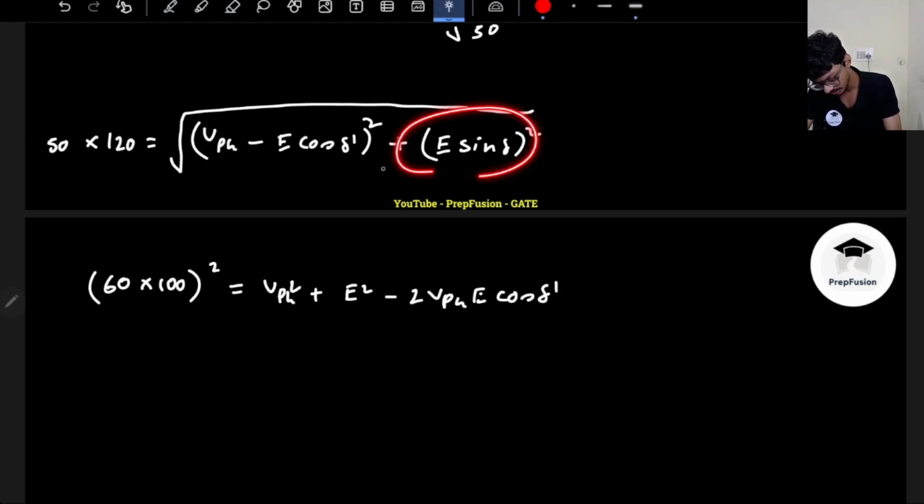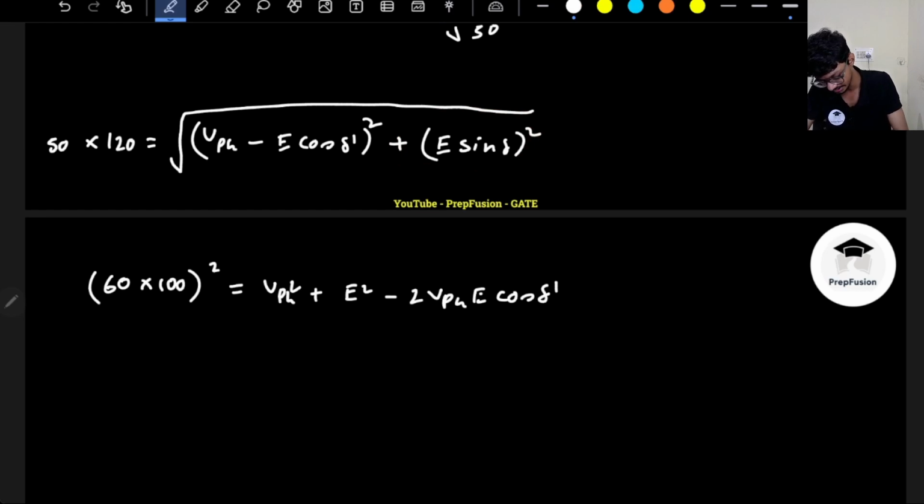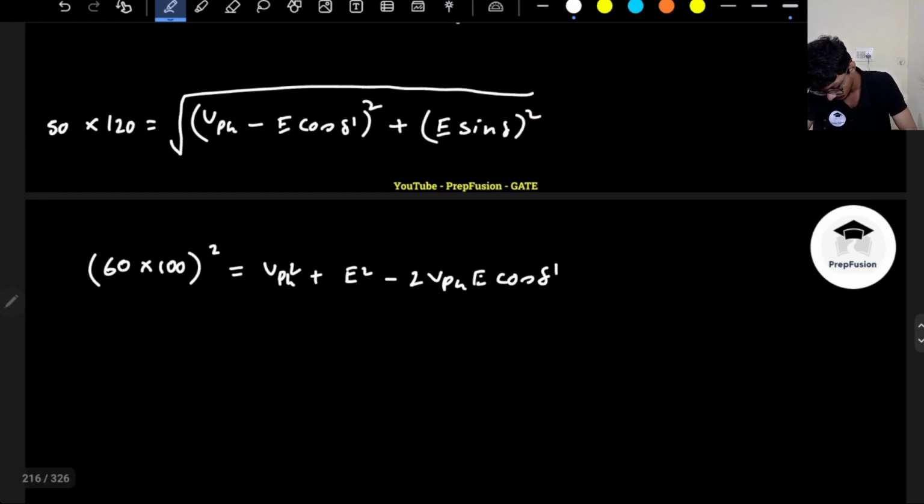This term is automatically clubbed with cos square delta and sin square delta. So my cos delta dash will be, if I put it on the right hand side, V phase whole square plus E whole square minus 6000 whole square.